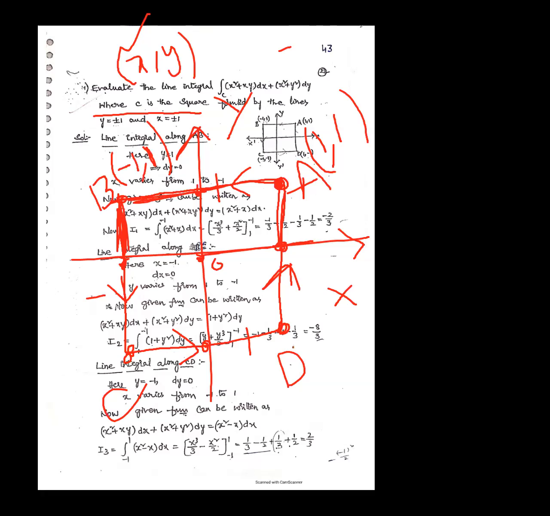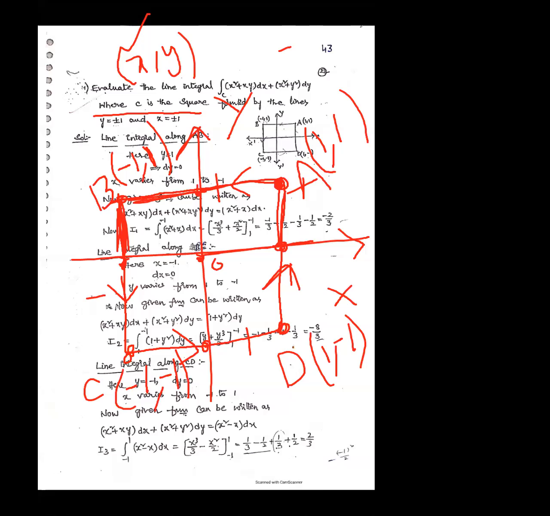And similarly, the third point C has negative x and negative y. And D has positive x and negative y. So I am writing the 4 corner points of the square.